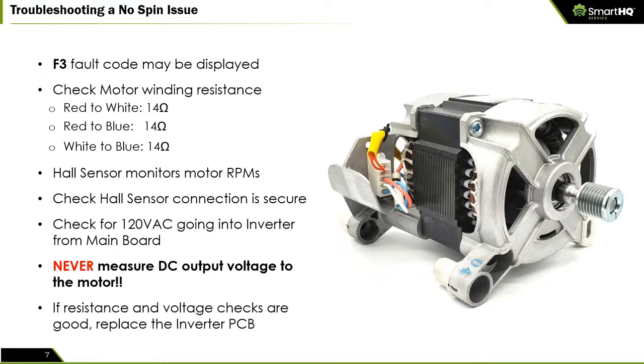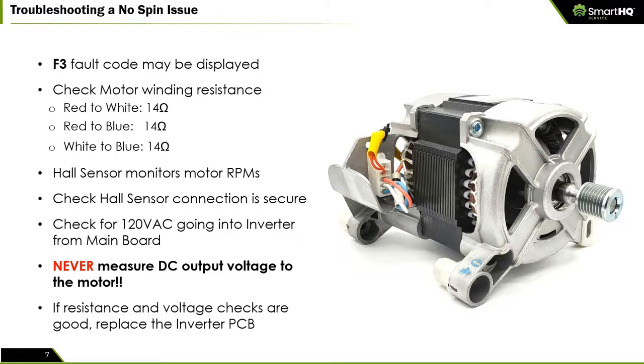For example, if you get an F3 fault code, right, and you want to see if the resistance, or just in general, see if that motor is working well or not, you can go ahead and measure across those 3 wires, the red, white, and blue, and that will tell you resistance-wise if there's an open or a short circuit. What you're looking for, as you can see right here on the display, is about 14 ohms of resistance.